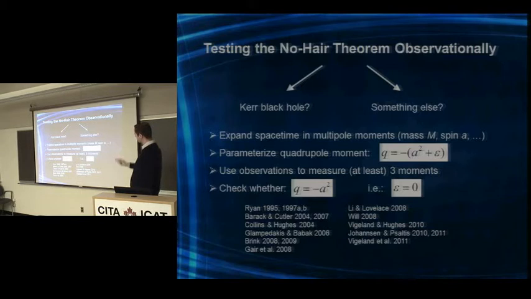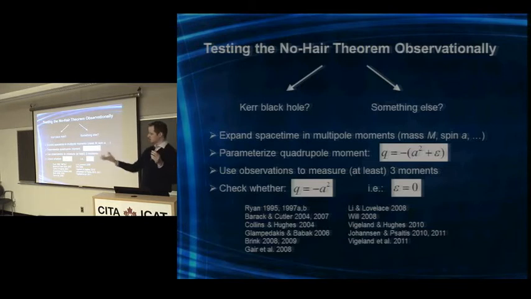And here's the recipe. This is the way to do it. You take the space-time of a black hole, and you expand it in multipole moments. This is an analogy to what we all know from, say, Newtonian mechanics or electromagnetism, where you have a charge distribution, and you want to know what your electric potential looks like at some distance from the source.